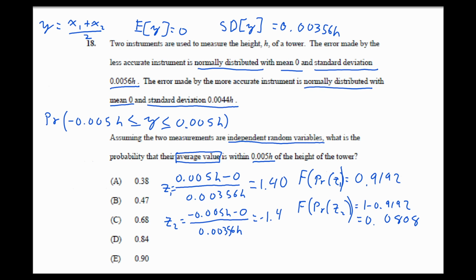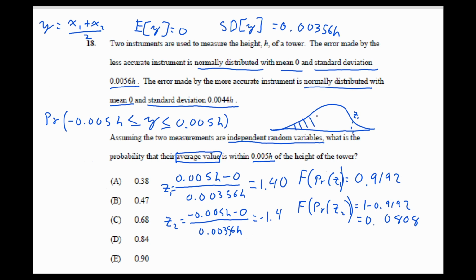Okay, so in order to get what is between 0.005H and negative 0.005H, you have to remember how a normal distribution looks. It looks like this. And when we're looking for Z1, we're just going to call this dotted line Z1 here.